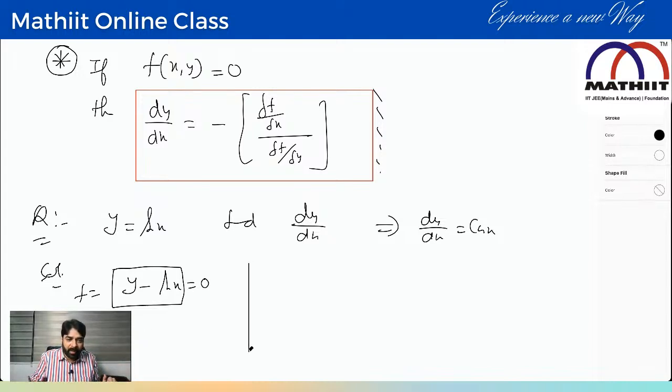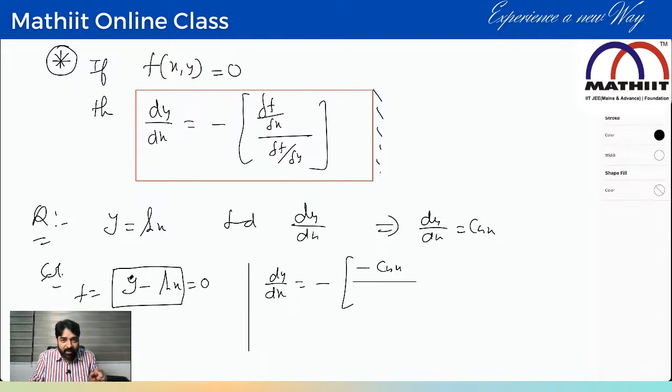Now dy by dx we want. dy by dx will be equal to minus of differentiation of this with respect to x, treating y as constant. y is constant, so its differentiation is 0, minus stays as it is, and sin x differentiation is cos x, divided by differentiation of this box with respect to y, treating x as constant.